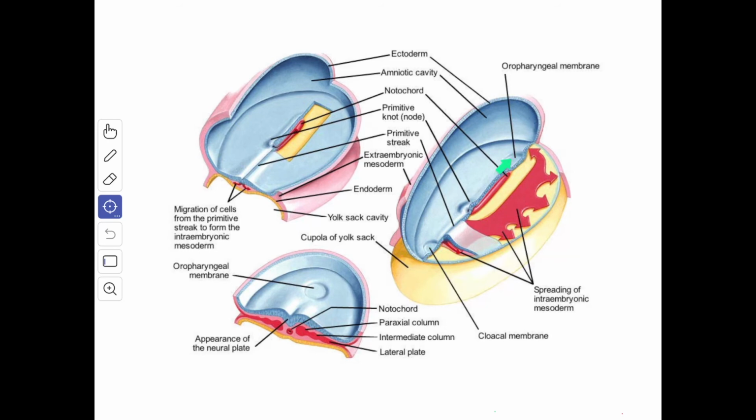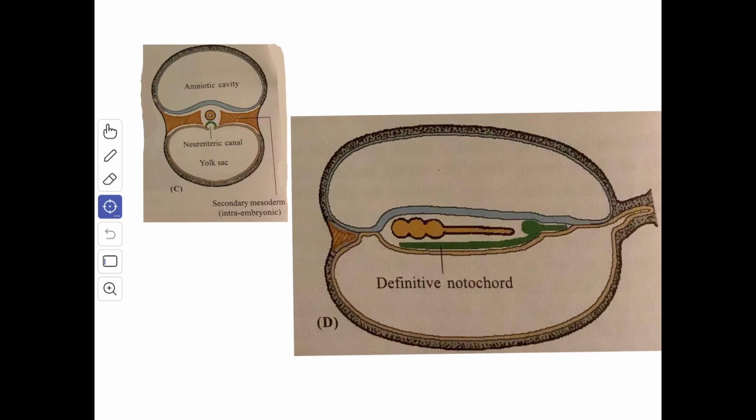Cephalic to the buccopharyngeal membrane, the secondary mesoderm crosses the midline and occupies the most cephalic part of the embryonic area as a horseshoe-shaped pericardial bar. So in this image you can see this is the buccopharyngeal membrane and this is the cloacal membrane.